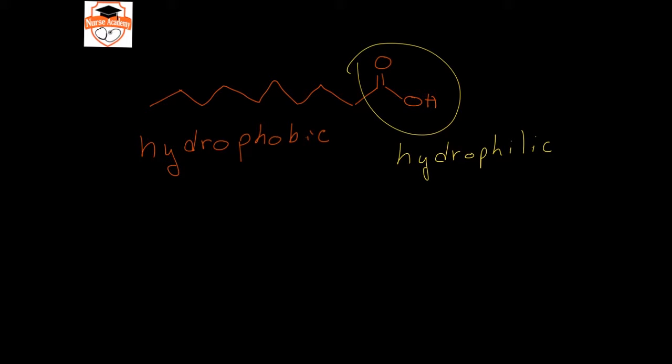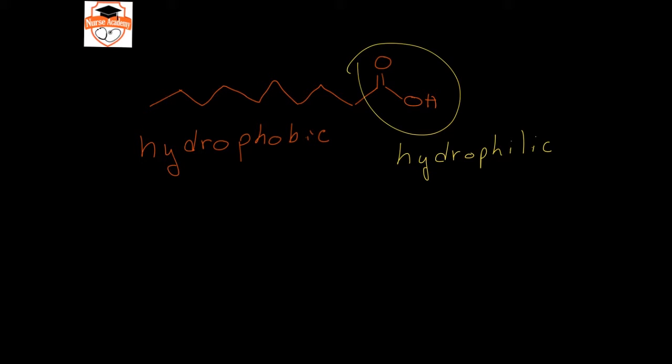These long chain fatty acids are useful for making cell membranes, but generally how we're going to look at them in this video is their use as lipids or energy storage molecules.